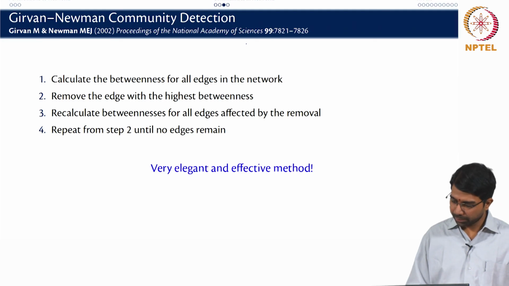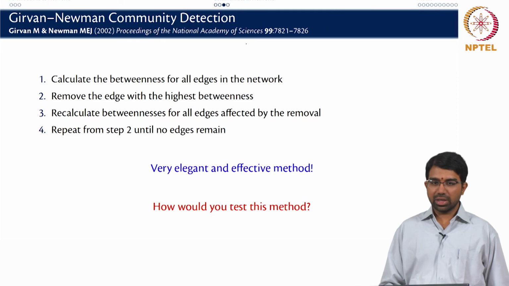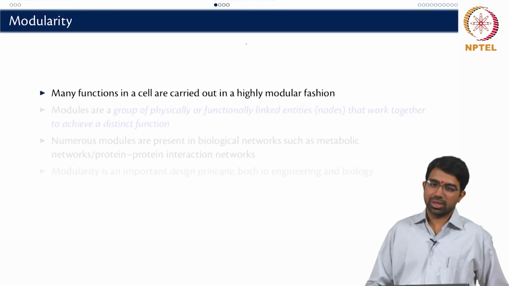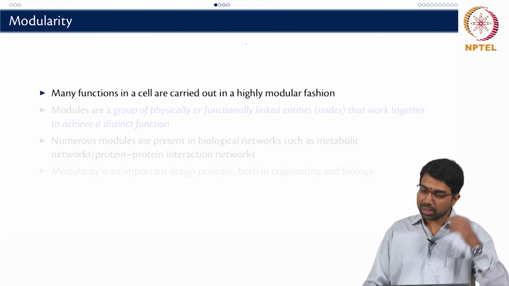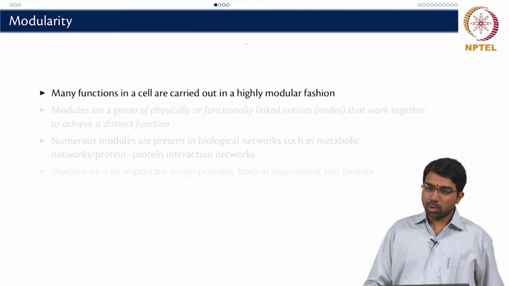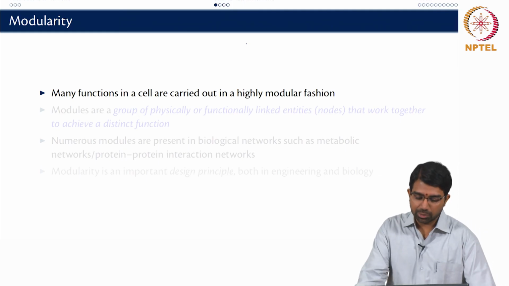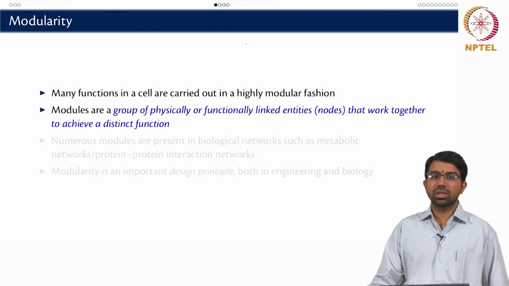Okay. This is a very elegant and effective method, and I have already asked you how you would test this method. So, I did not introduce modularity to you, I directly went into how we calculate modularity and so on. Why is modularity important? It is because many functions in a cell are carried out in a highly modular fashion. And what is a module? It is basically a group of physically or functionally linked nodes that work together to achieve a particular function.